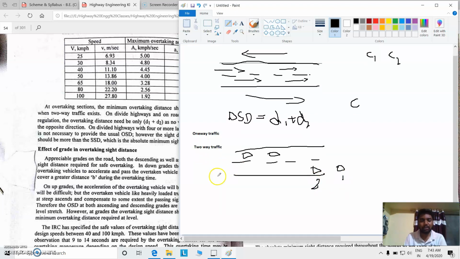In this case, we have to consider the overtaking sight distance as d1 plus d2 plus d3.